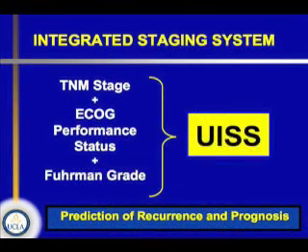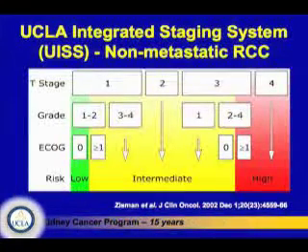And what we've done at UCLA is combine those three factors into a risk stratification. So when we're talking about locally advanced, we can also think of it in terms of high risk for local recurrence. And you can see if you have these T3 and T4 tumors, higher grade tumors that impact on performance status, these drop people into a high risk category for developing tumor recurrence.